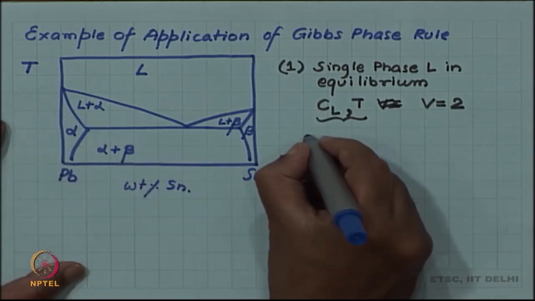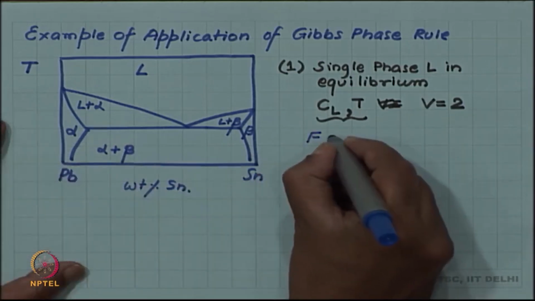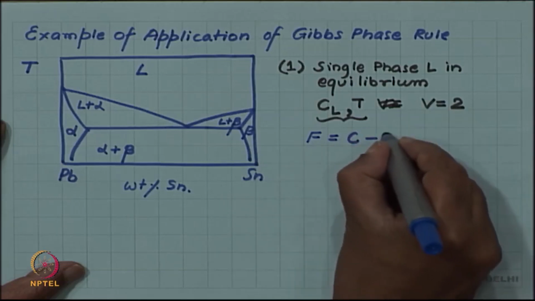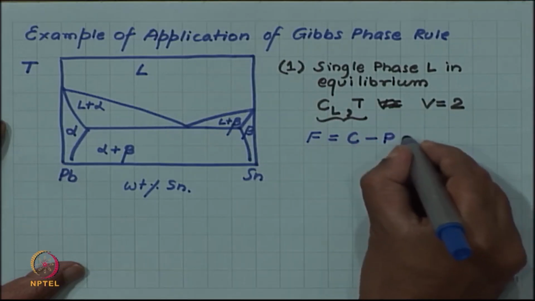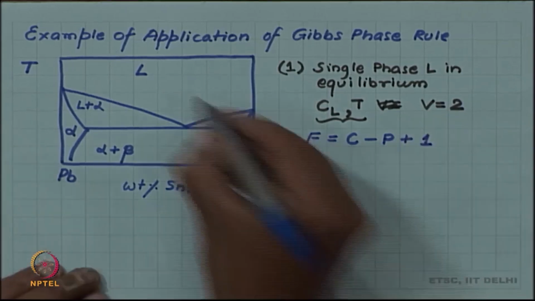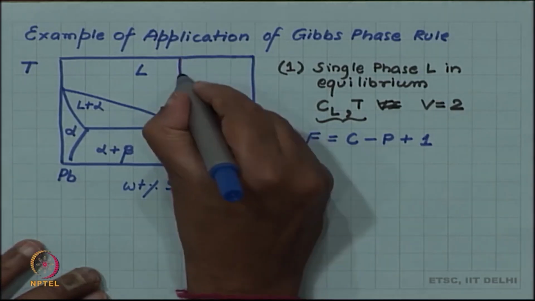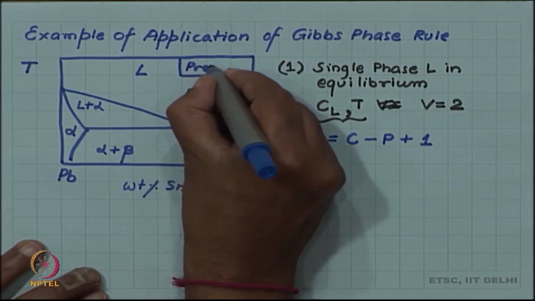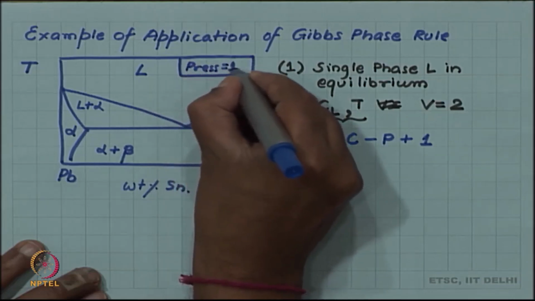So, the phase rule gives us the degree of freedom F as the number of components minus number of phases in equilibrium plus 1, because this is isobaric. Let me write that. Pressure is 1 atmosphere.